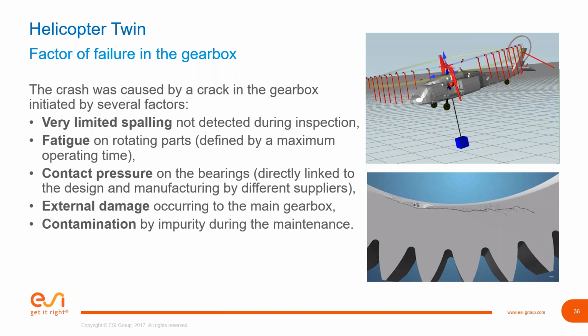So one supplier of the bearings was having, concretely in the bearings of the gearbox, different contact pressures than the other one, and they were not able to detect that between the design and the manufacturing. That's a very big issue that is faced by a lot of industrial companies. And afterwards, during the maintenance, contamination and external damage were not spotted at the right moment.